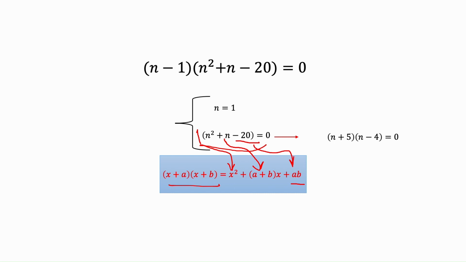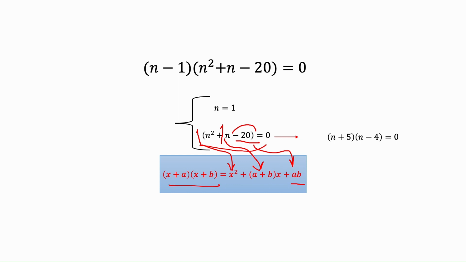So we need two numbers whose multiplication equals minus 20, and whose summation should be 1. So one of them needs to be negative because the multiplication is negative. So we need one positive and one negative number. And the summation needs to be 1. So for example, 2 and 3, 4 and 5, 5 and 6, because the difference equals 1.